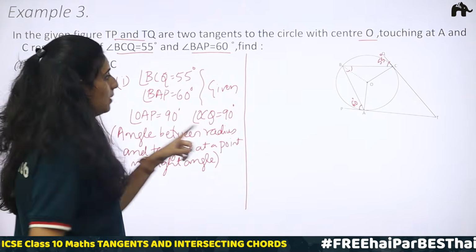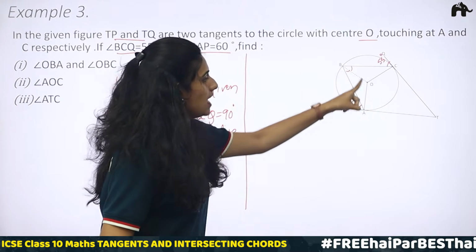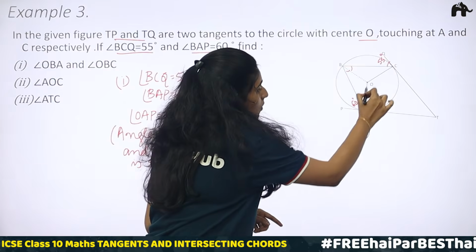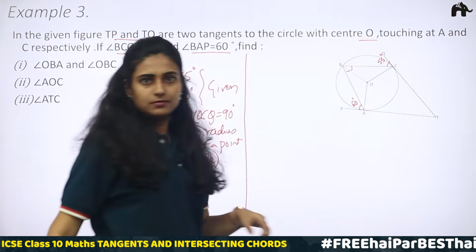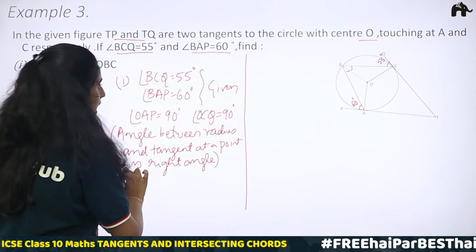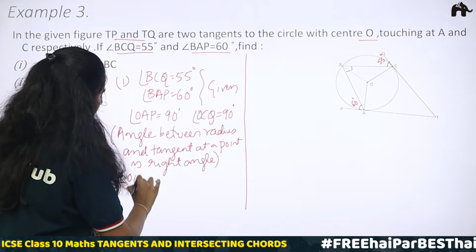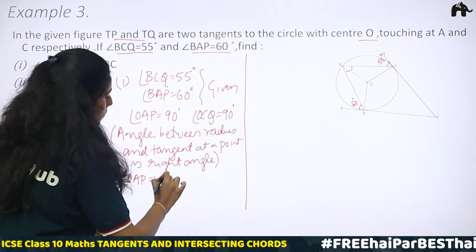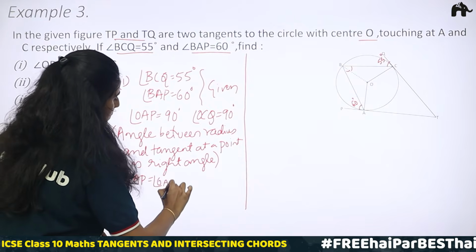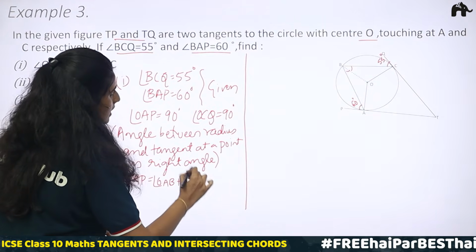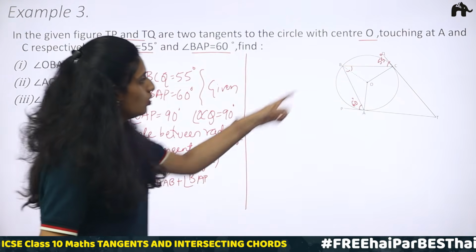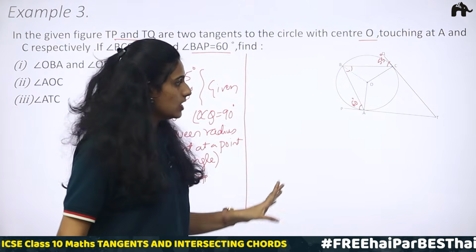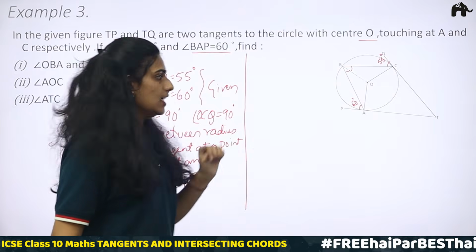Okay, OAP. This angle is made of OAB and PAB. We can write angle OAP is equal to angle OAB plus angle BAP. We know what BAP is; it is given in the question. It is equal to 60 degrees.